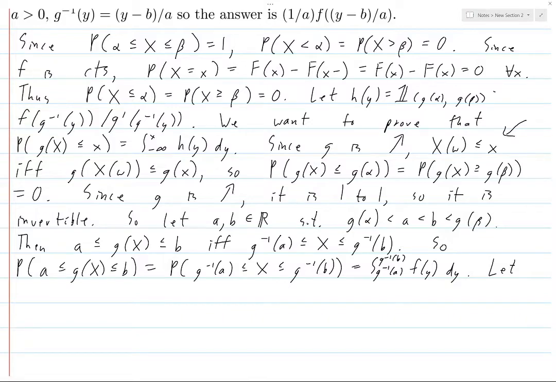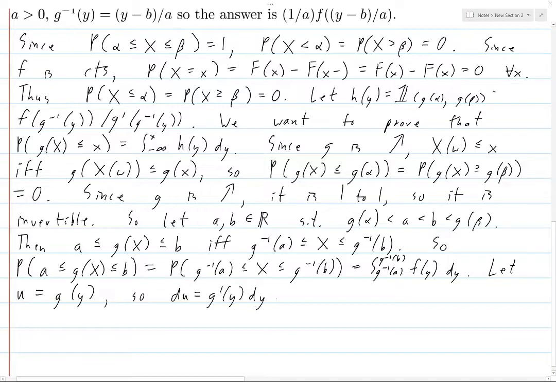And now we're going to use that, because we can actually write a formula for this integral, and we want to use a u substitution. We're going to let u equal g of y. Then du equals g prime of y dy, which works since g is differentiable.